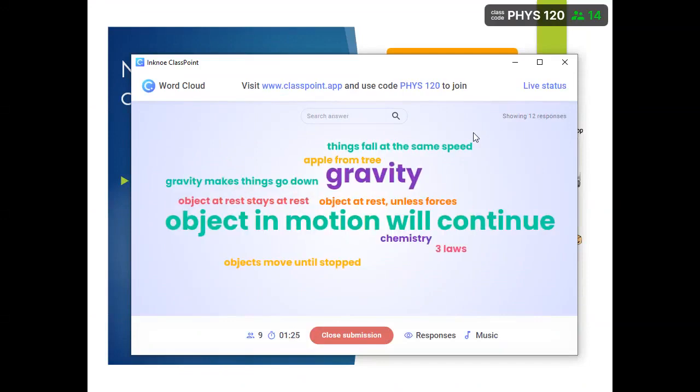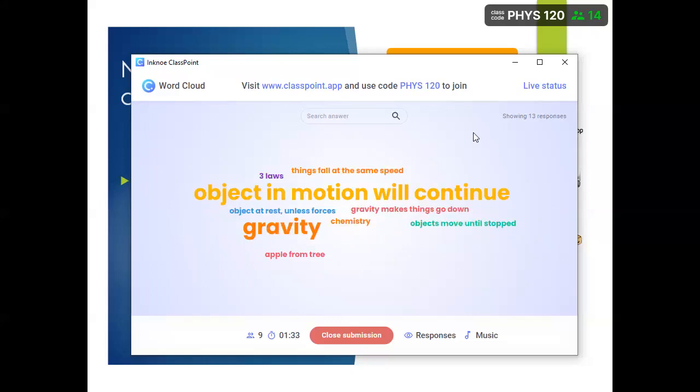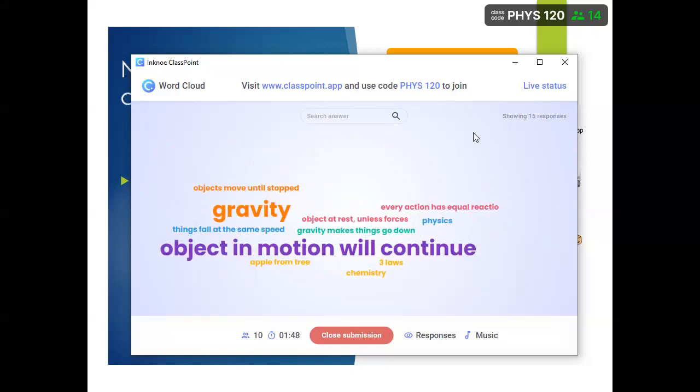I saw chemistry here. Newton's law, chemistry. Yes, because in chemistry we have motion. Wherever we have motion, it's related to physics.